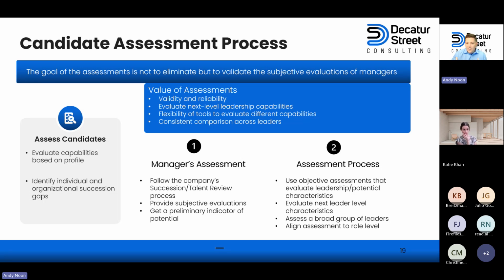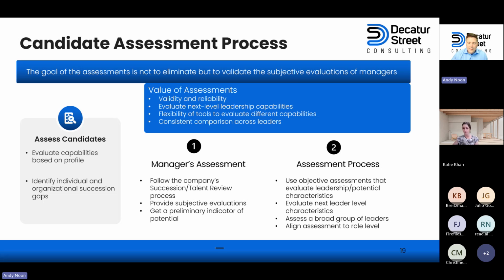So maybe it's assessing the top 2 or 3 levels of potential, whichever your organization is thoughtful about, because then it may bring in people that you weren't even thinking about. And again, if it's assessing capabilities that managers aren't really thinking about effectively, then it may identify individuals that are generally going to be not thought about.